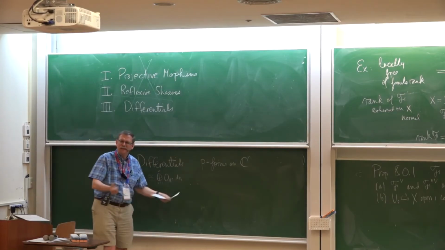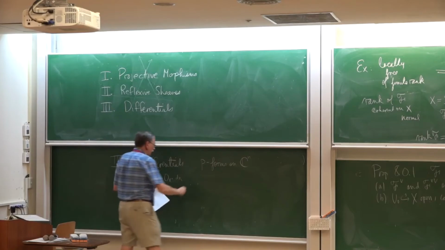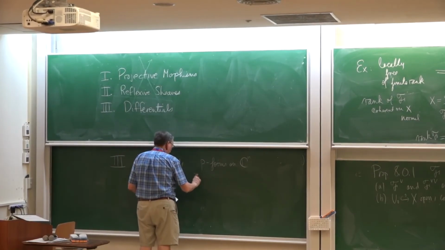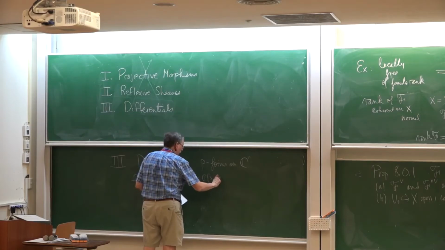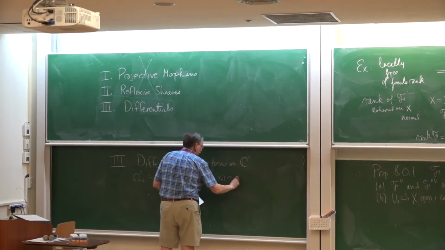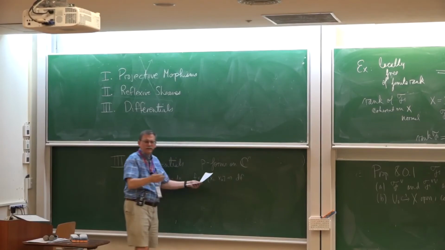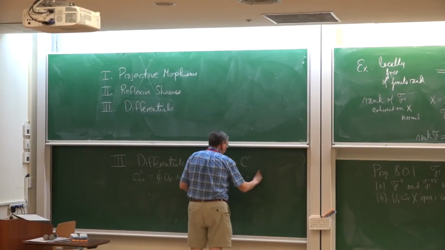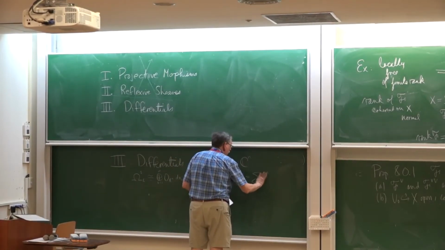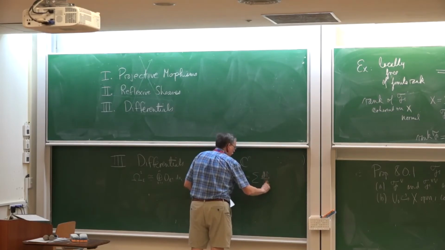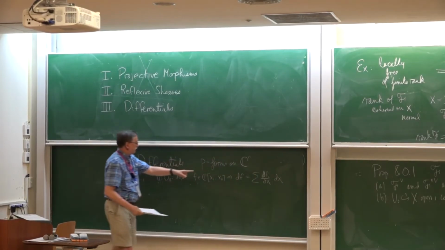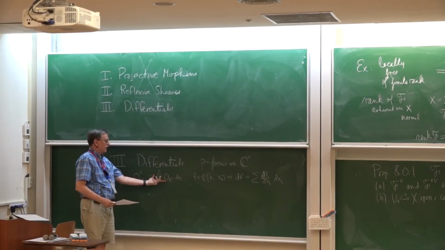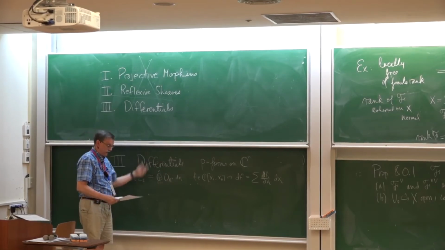And of course, the basic operation you do is you take a function, a polynomial, and then you get a one form just in the usual way. And that basically, if you think about it, is a global section of this guy.